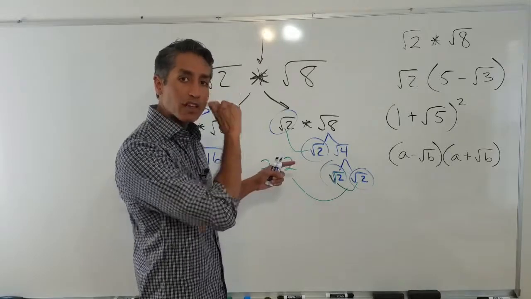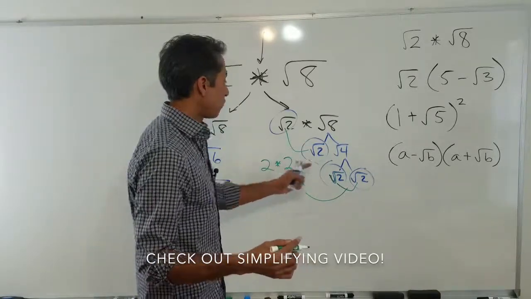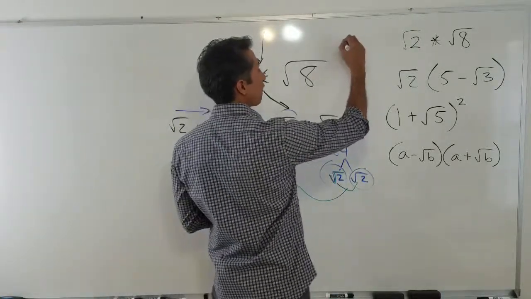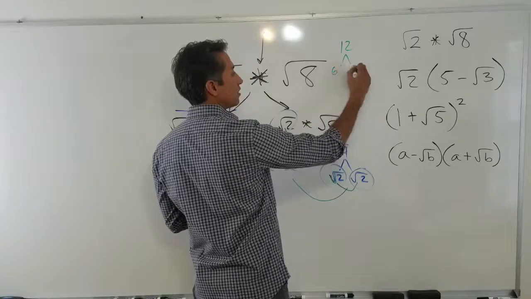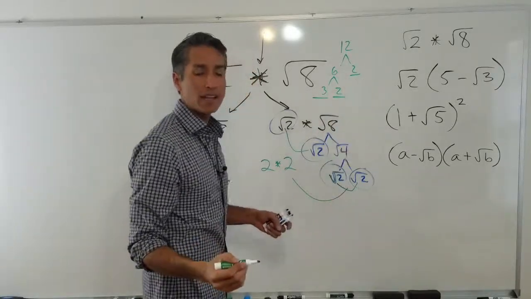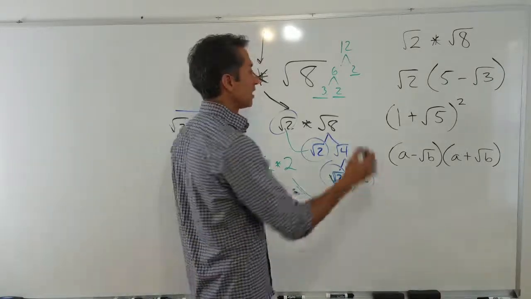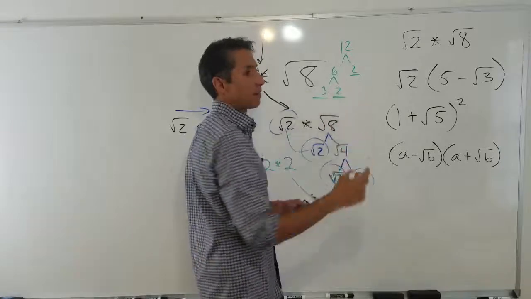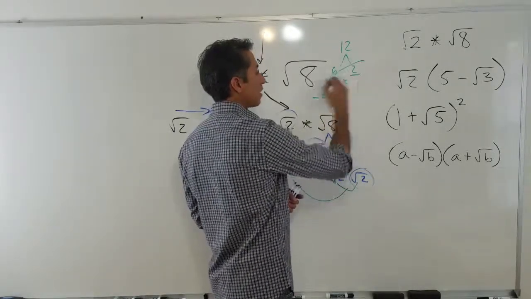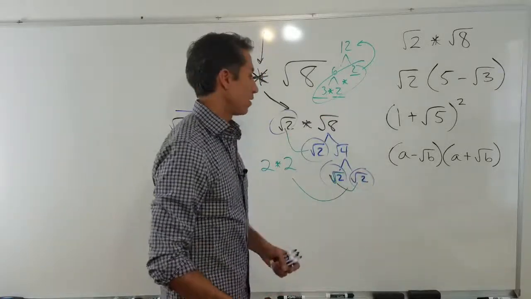I did have those other videos on simplifying, so if you're not sure, maybe check that one out as well. And when I pull these numbers out, just like a long time ago when you made your factor tree and you had 12 and you did 6 and 2 and 3 and 2, these are all factors, okay? And factoring means that when you have factors of a number, all of these numbers can be multiplied together to create that top number that you have, okay?